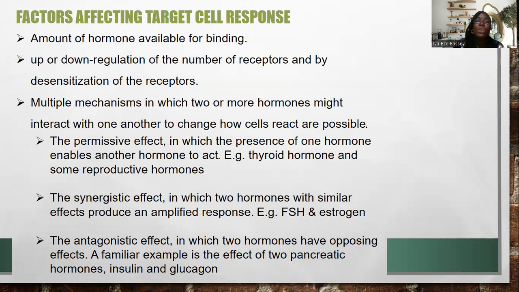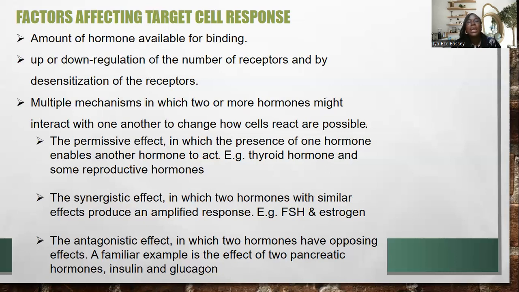Then if there is up or down regulation of the number of receptors located on the target cells, or desensitization of the receptors, target cell response may be affected. And also, there are cases where you have two or more hormones working together or working against each other that can affect target cell response.